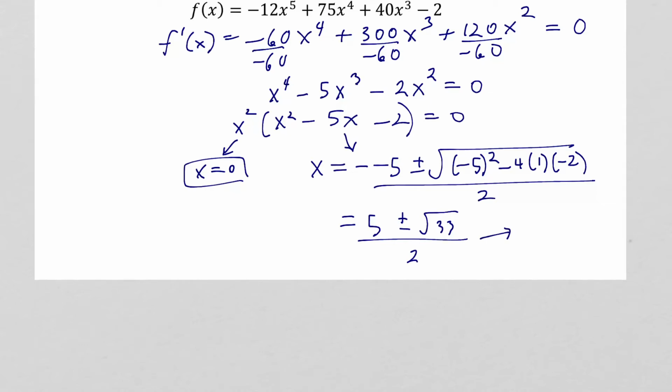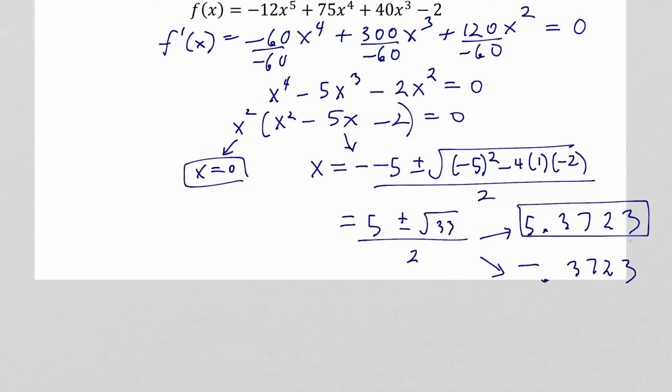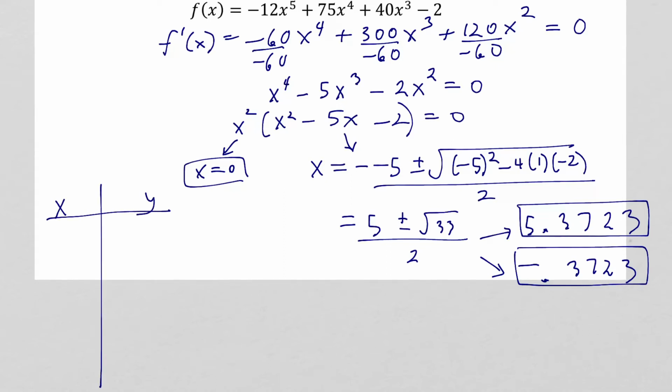That's going to give me two decimal values, real numbers, and those will be 5.3723 and negative 0.3723. So I've got three critical values for f of x, and I want to classify these. So I'm going to make a table, and I'm going to put these x values in order from lowest to highest.